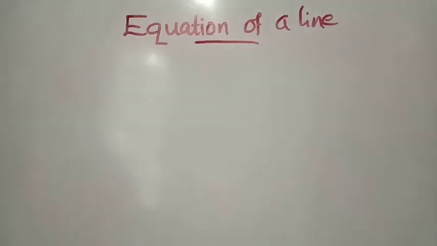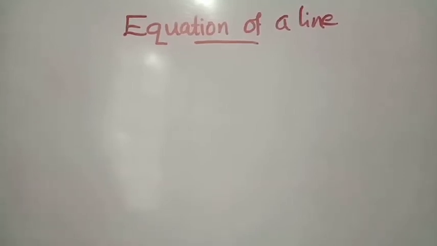Once we know the gradient of a line, now let's find the equation of a line. In the beginning of the lesson, we discussed that every line, whether straight line or curved line, has its own equation.